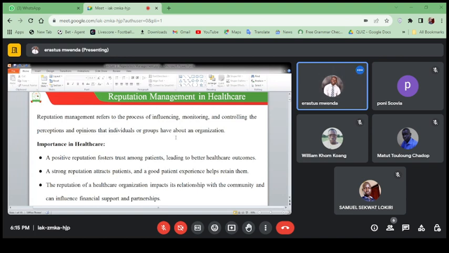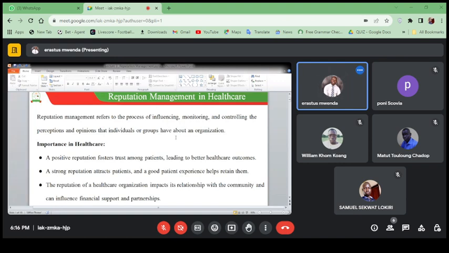Now, the reason why we need to do reputation management, or why it is important in healthcare, is to be able to create trust among patients. We seek to build trust among the patients that we are serving, and of course, this is going to lead to better healthcare outcomes.